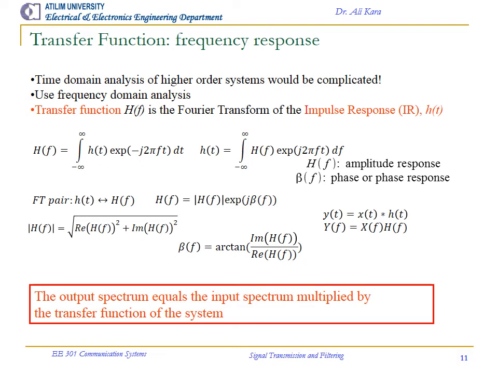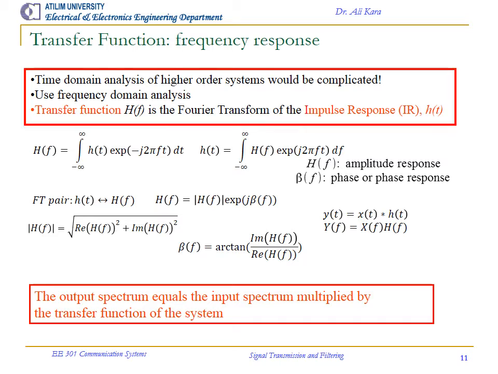Transfer function, frequency response. Time domain analysis of higher order systems would be complicated. Instead, use frequency domain analysis. The transfer function capital H of f is the Fourier transform of the impulse response h of t.